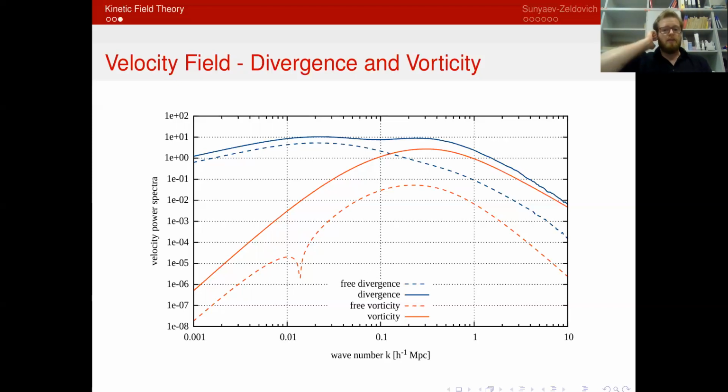So what I want you to notice is that on all scales, we gain power due to the interaction. And especially on the nonlinear scales, we gain, compared to the inertial motion, a lot of power, a lot of nonlinear evolution right here. Now, what can we use this momentum density field for?